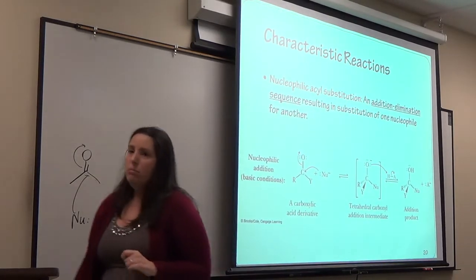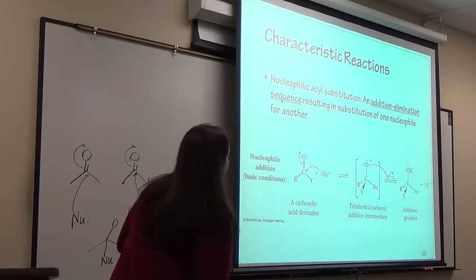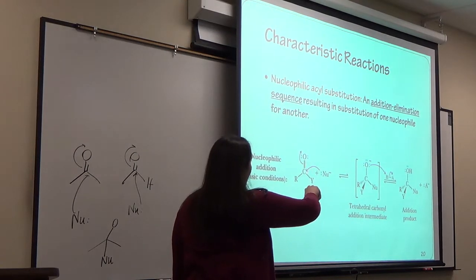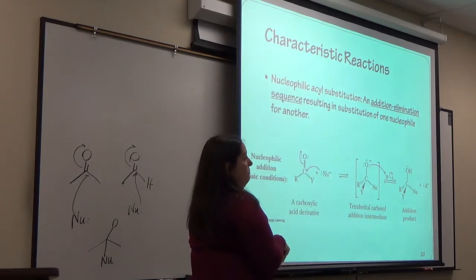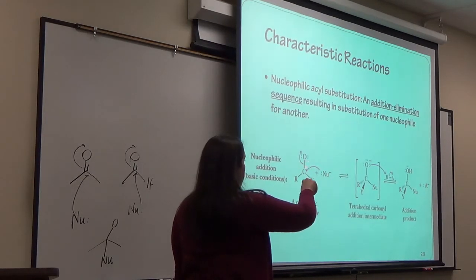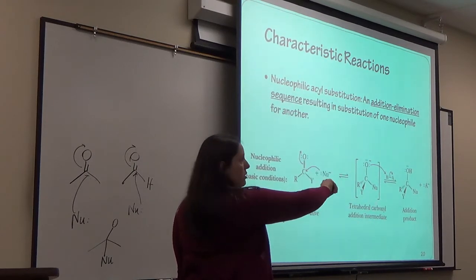But the theme is a little bit different now because you have something over here that we label Y, and Y can leave. You're still seeing the same pattern: the nucleophile attacks, the double bond opens, you get your four bonds.